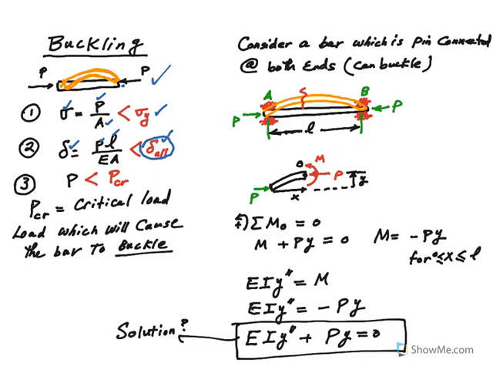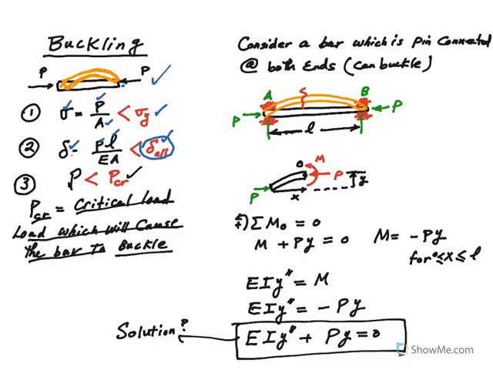We have to make sure that the load acting compressively in the bar is less than what we call a critical load. P sub CR is called the critical load, and this is the smallest load which causes the bar to buckle.